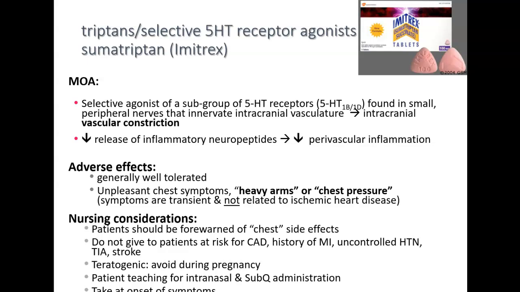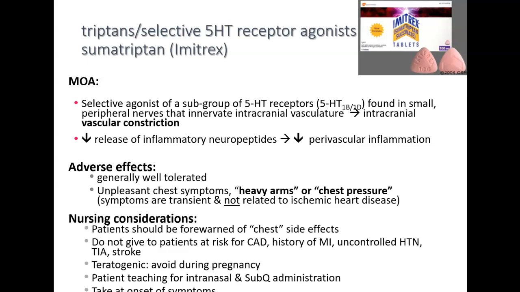People have said that after they've taken it, their skin, like on their face or their neck, feels tender, almost like a pins and needles kind of feeling in their scalp. Not without touching, but when touched or standing in a shower, it can feel really strange. So patients should be forewarned of these side effects.